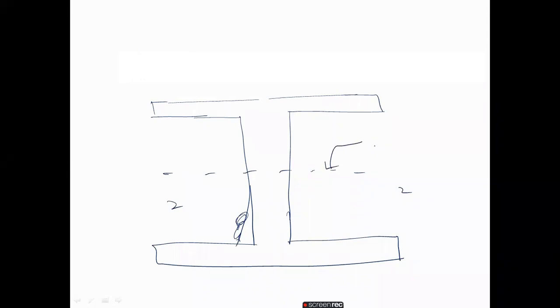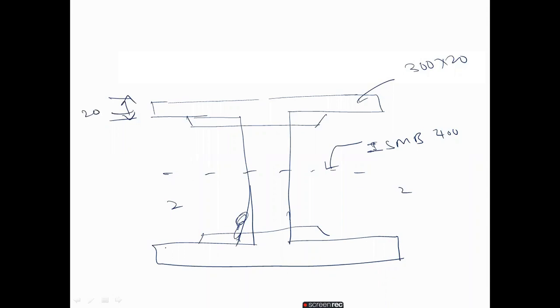They have given the section already, that is ISMB 400, Indian Standard Medium Beam 400. Again there is one more plate like this. If you observe here, this flange is 300 by 20. The thickness is 20, and this one, the height from here to here, is 400.